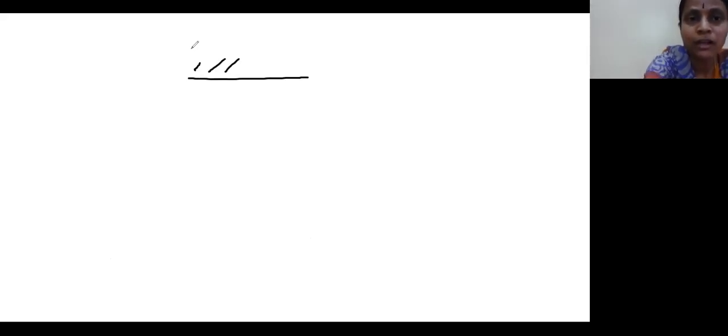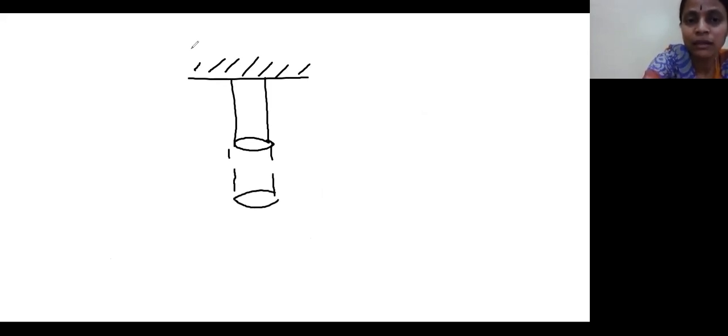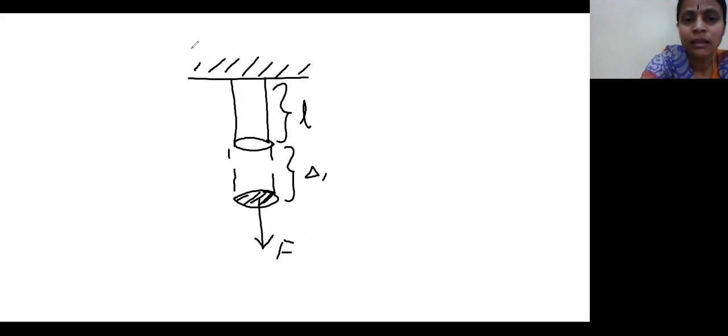So suppose I consider this as the rigid support over which there is a wire that is hanging. I have given a slightly expanded view of the wire. Let us assume we have magnified it. This is how you are going to apply your force. So let us assume that L became L plus del L. And let us assume that this whole thickness is D. What happens now?